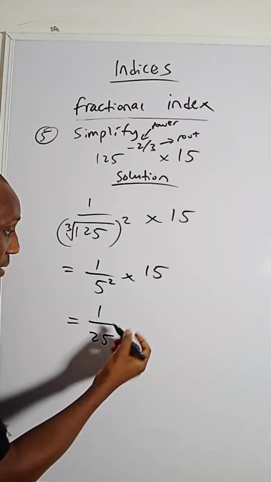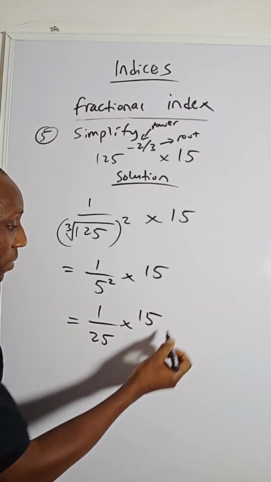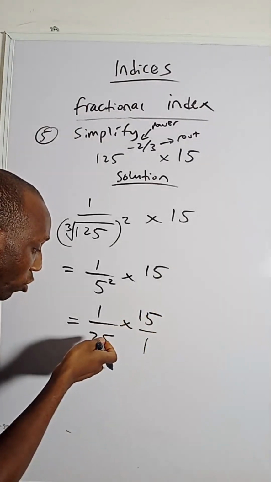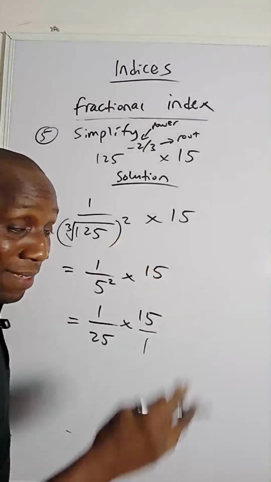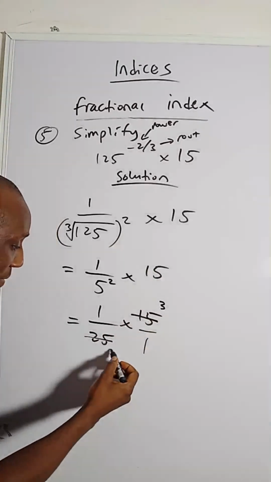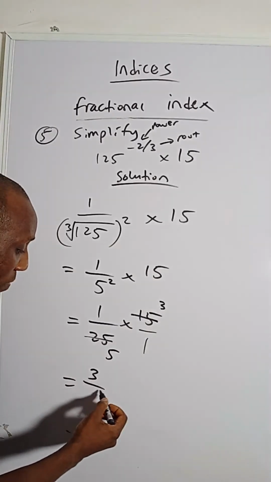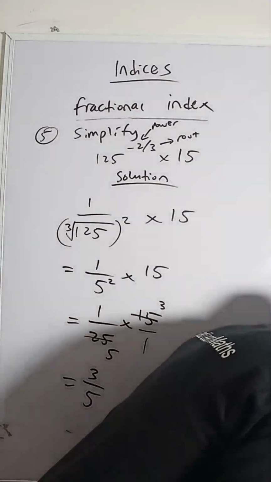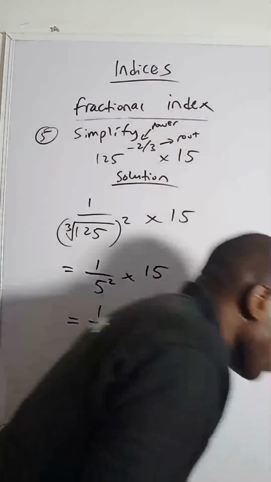That's 25. But we have times 15 here. You can write over 1 if you like. And then we simplify. We divide 15 and 25 by 5. So 5 here is 3. 5 divides 25, you have 5. So what's your final answer? 3/5. I hope I'm right with this. Yeah, anybody? Okay, yeah. 3/5 is the correct answer.